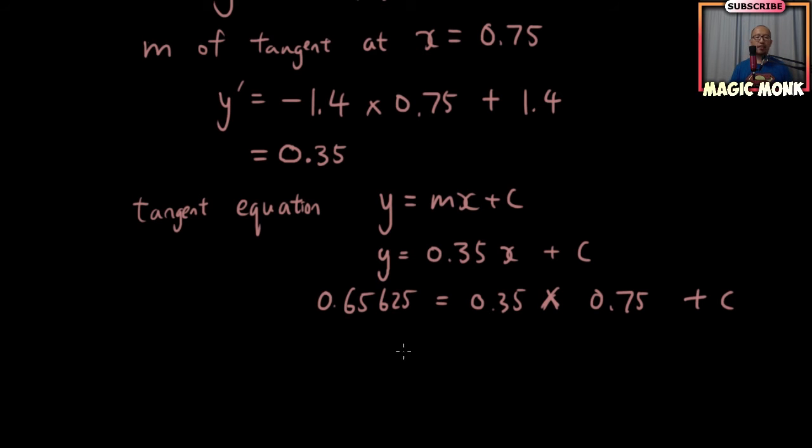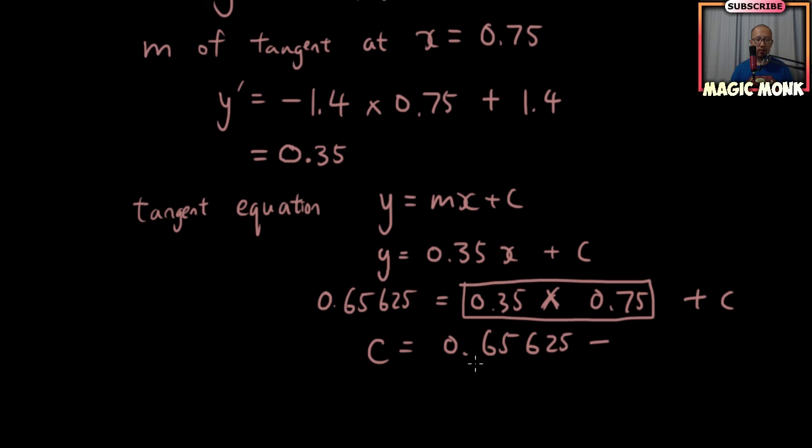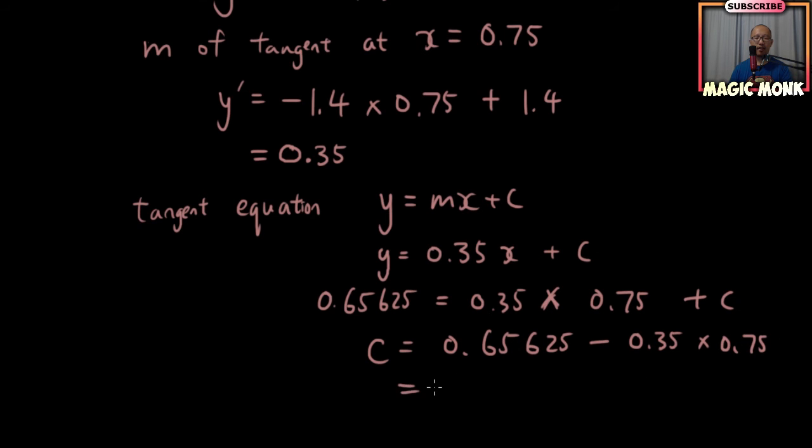So let's rearrange that. c is equal to 0.65625 minus this whole section here, so minus 0.35 times 0.75, and the answer is 0.39375.